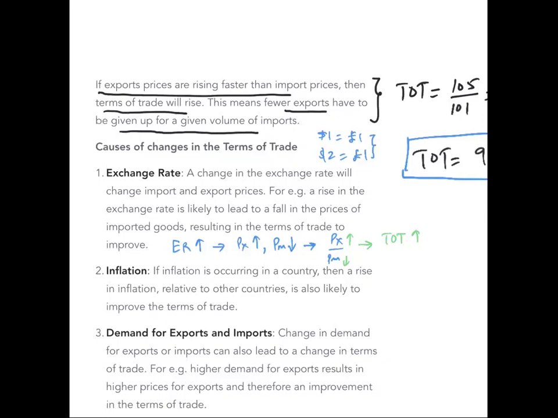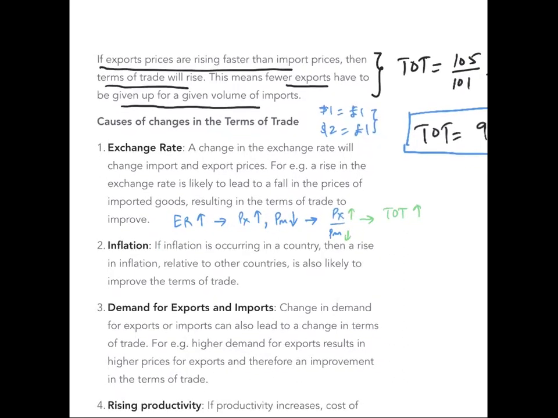Similarly, inflation is another factor that can affect your terms of trade. So look at this, guys. If the price level of a country goes up, so Pakistan, let's say, experiences inflation, what will happen to Pakistan's terms of trade? And the answer is Px will go up, because exports will become expensive. It's going to be more expensive to make your exports.